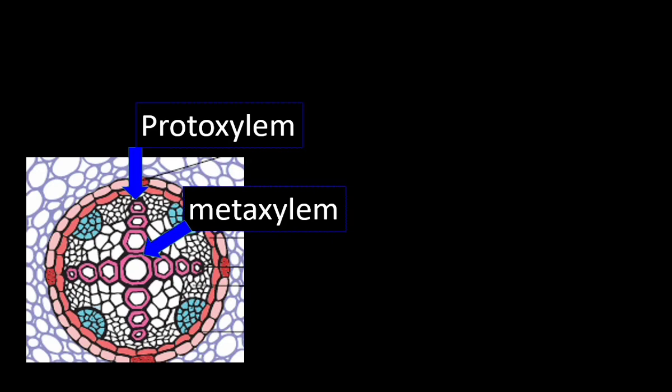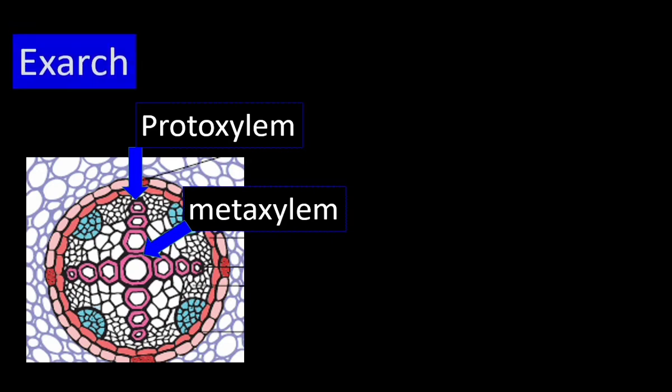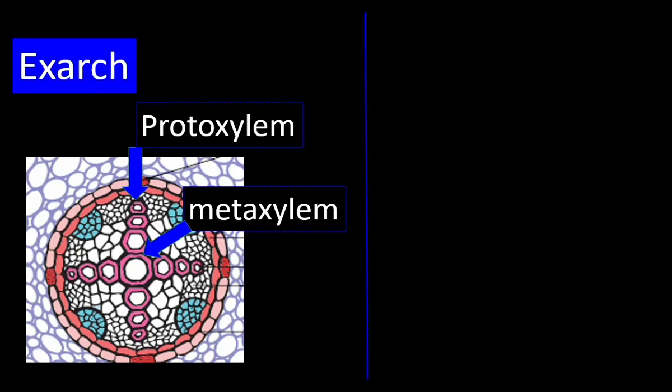Here the protoxylem is towards the outer part and the broad metaxylem is at the center. This type of condition is called exarch. In exarch condition, the protoxylem is towards the periphery and the metaxylem is towards the center. Metaxylem is at the center.